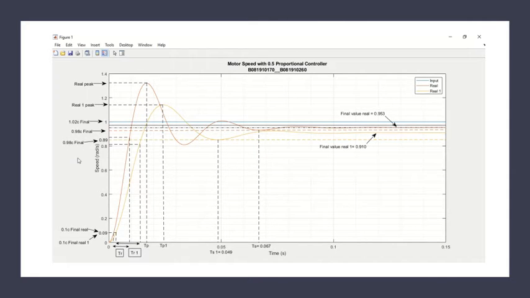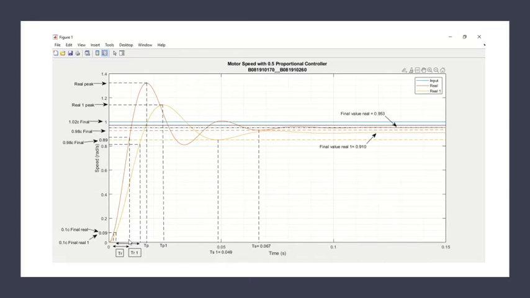So I have got 0.85 at this point. So I have labeled TR with my double arrow here to here, here to here.